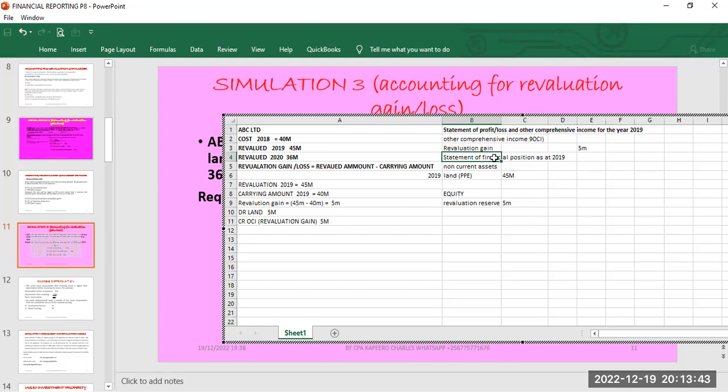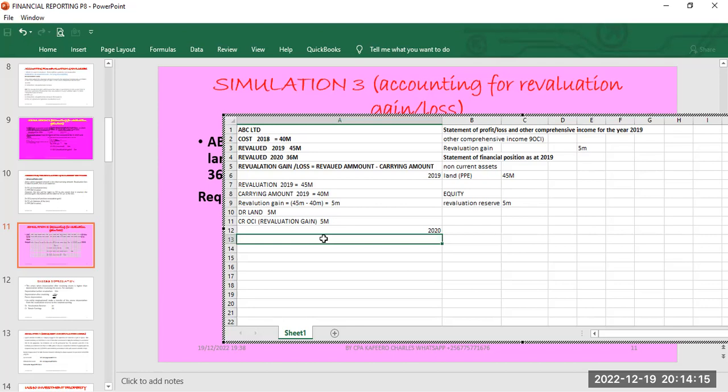Even this financial position, we may make it a bit so that you can be able to differentiate. So we go into 2020, and we see what we are going to be taking. Remember, this amount that is reflecting at the end of the year will be the amount that will be there at the beginning of next year, because it is the one at the close of the year.